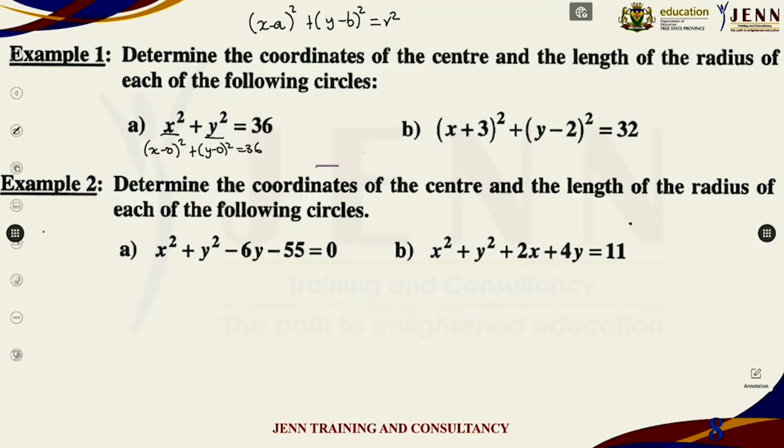Then x minus 0 is x, and x to the power of 2 gives you x squared. Plus, y minus 0 is y, and y to the power of 2 is y squared, equals 36. We have the same thing.